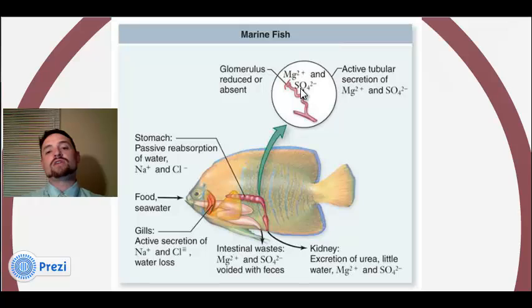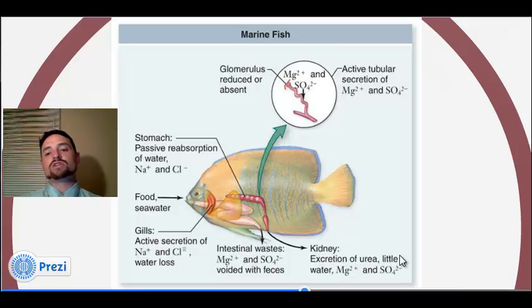And what they're going to do here is also in their tubular kidney, they're going to secrete magnesium and sulfate ions into their tubular kidney structures, and this is helping to get rid of those so that you can absorb the sodium and chlorine ions that you need.